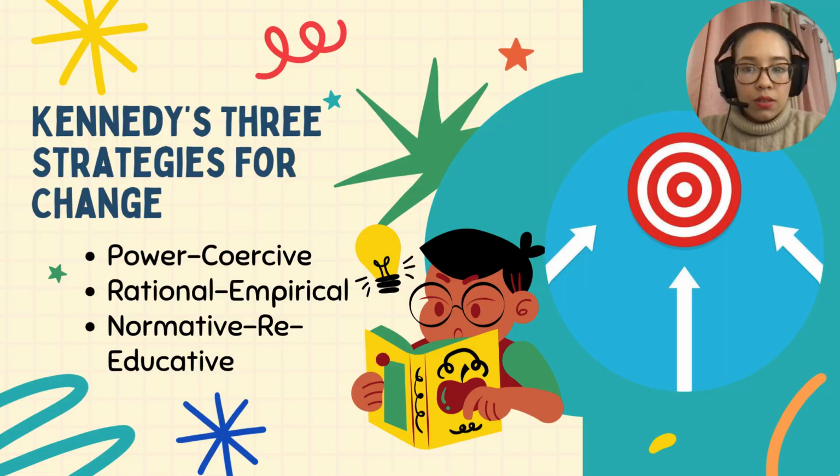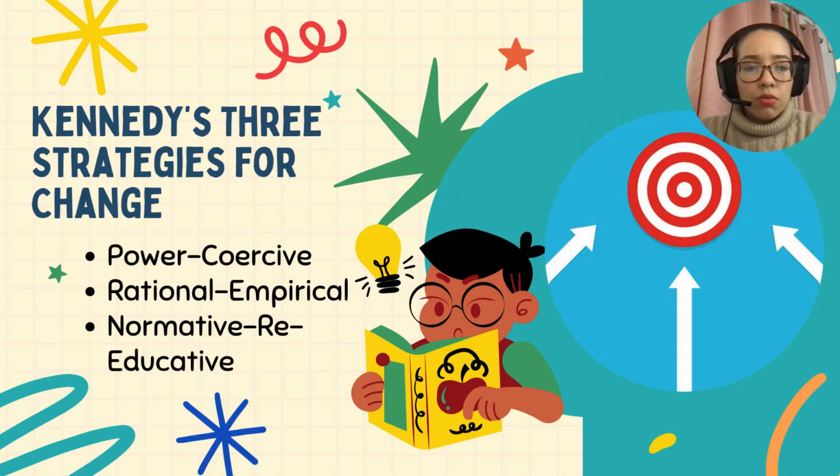Kennedy's three strategies for change. These are the major strategies for introducing change. The first is the power-coercive strategy, where change is supported through authority, rules, and official policies.